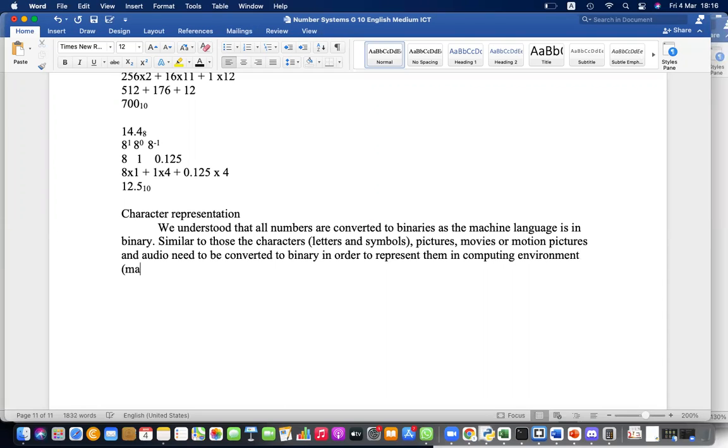Within bracket, in machine language. Because machines are using these ones and zeros only. That is machine language. Only two type of signals: yes, no, on, off, or 1, 0.